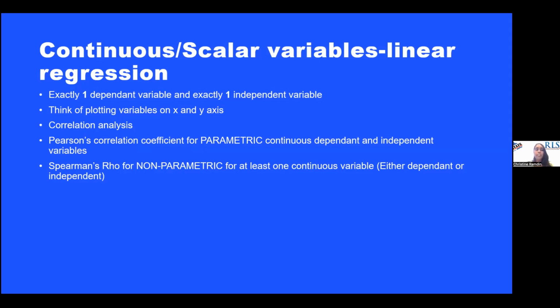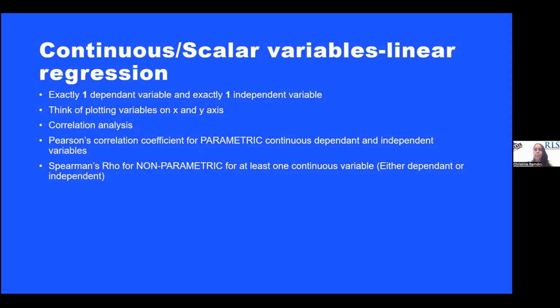You do that kind of analysis when you have a continuous dependent and independent variable, such as height and time. But the catch-22 is that both of these variables have to be parametric or normal in order to use the Pearson correlation coefficient.